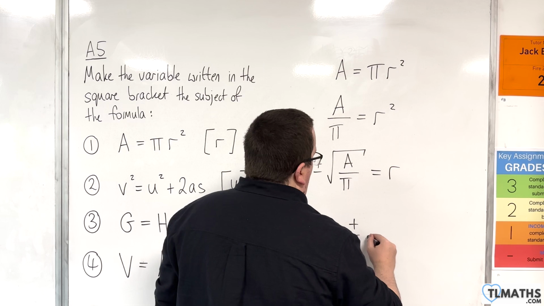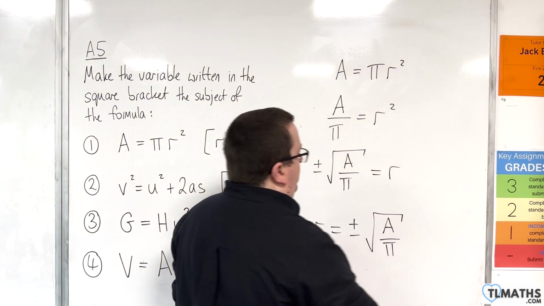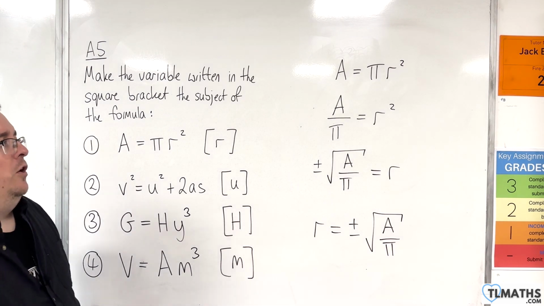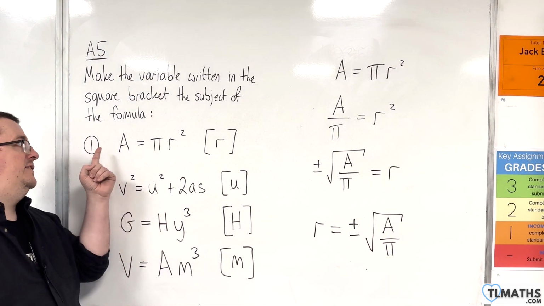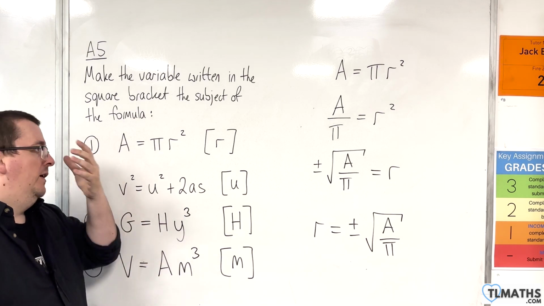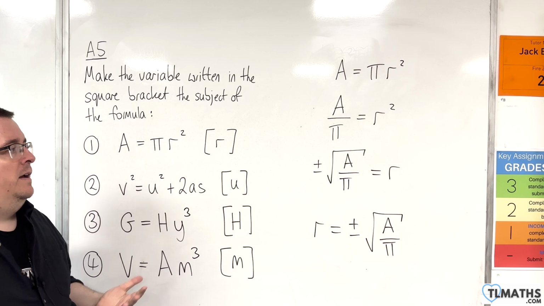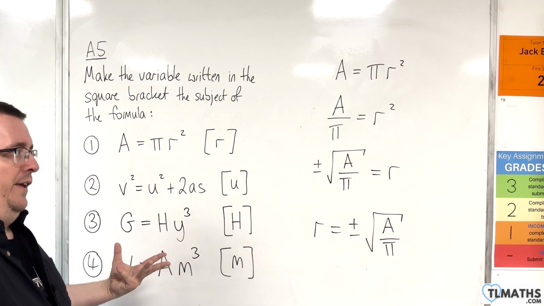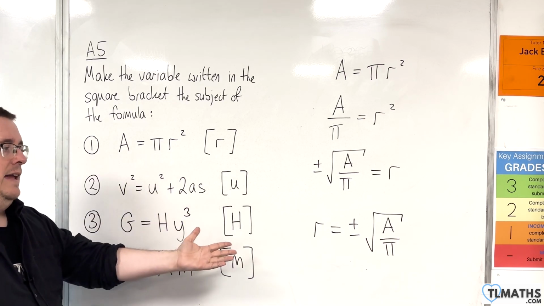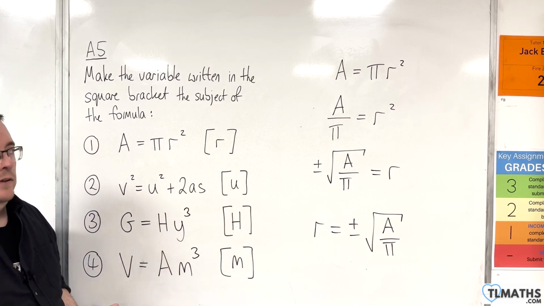Now you might be wondering why I'm including the plus minus here, because you might be thinking that this is area equals pi r squared, so the area of a circle. It may well have that context, but I can't give it that context. It doesn't necessarily have that context. A might not be area, r might not be the radius.